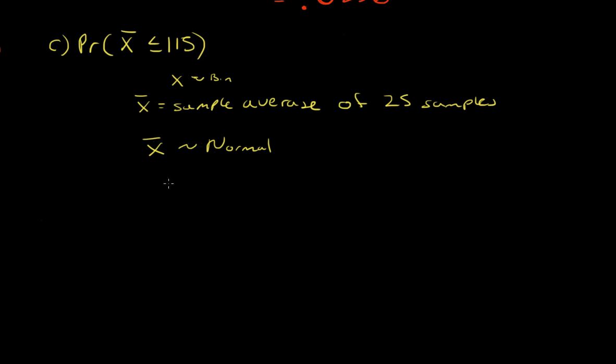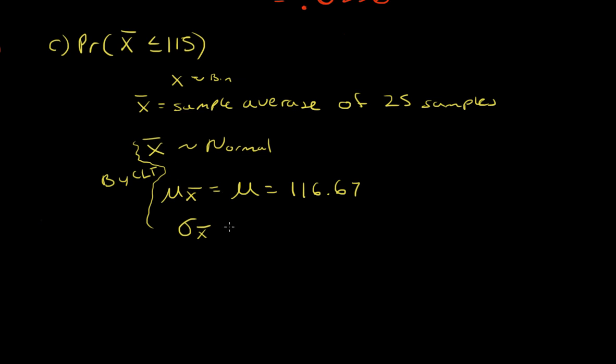Now, the mean of x bar is the same as the mean of x, by CLT. Both of these things are by CLT. The mean of x, the mean of the binomial distribution, we found already to be 116.67. And the standard deviation of the mean is sigma over the square root of n by the central limit theorem.